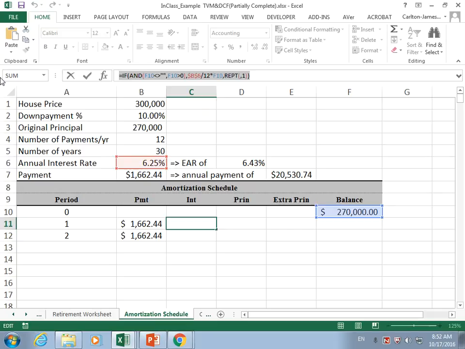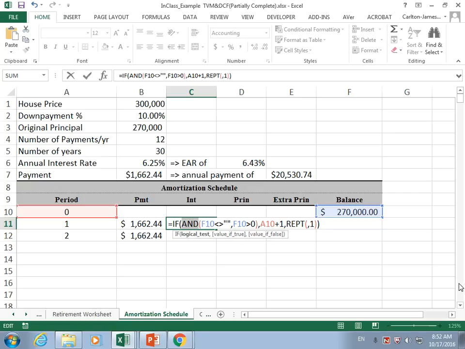Control V. So again, we're going to keep this same piece as long as this is not 0 and it's not blank. Here, what's our interest rate going to be?